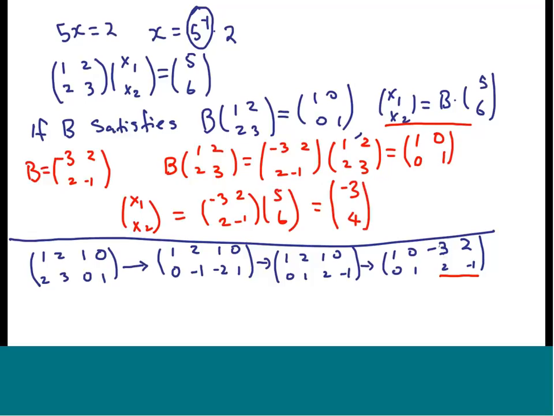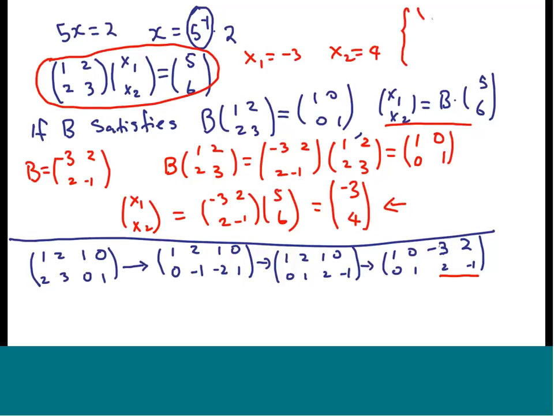So you can solve that equation easily using this similar concept. The solution is x1 equals -3, x2 equals 4. You can also write the original equation like this: x1 plus 2x2 equals 5, and 2x1 plus 3x2 equals 6. This has that solution. The idea is you want to find something.